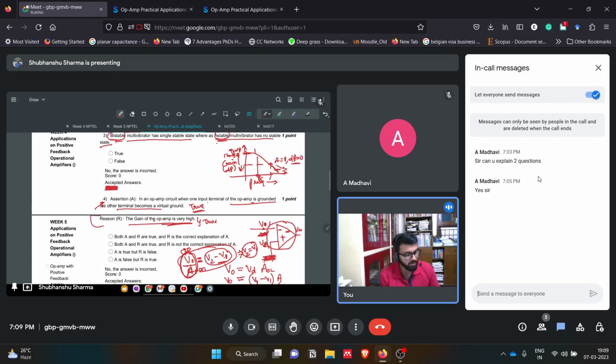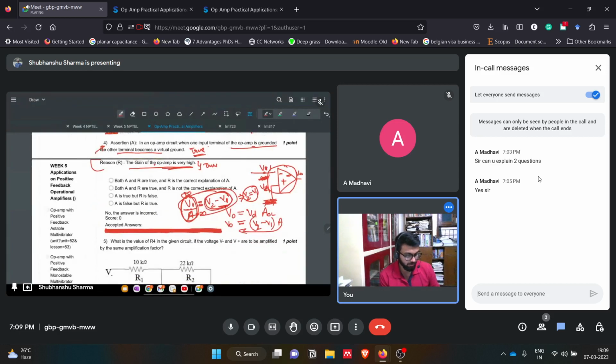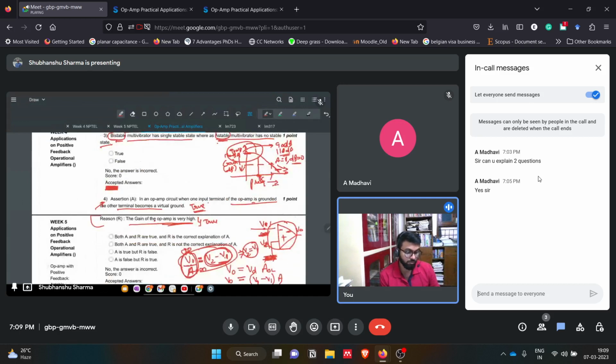It can achieve ideal behavior when the gain is very high, like 90 dB or 110 dB. Since the open loop gain is very high there, we get a virtual short. But if we use a very high frequency, we cannot see the virtual short. So keep these things in mind.